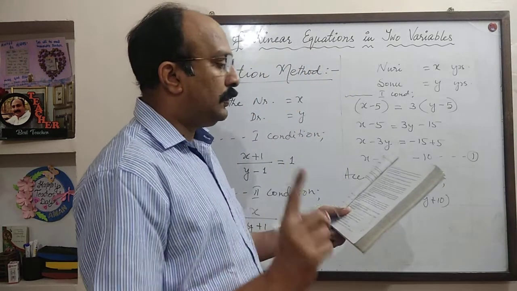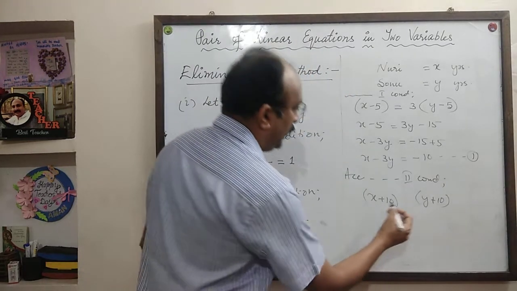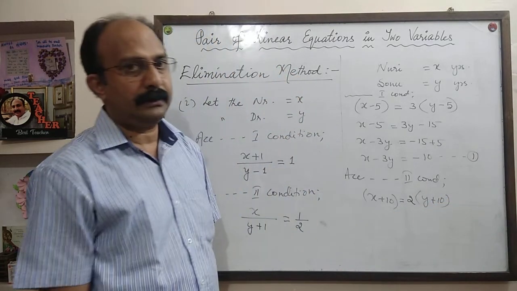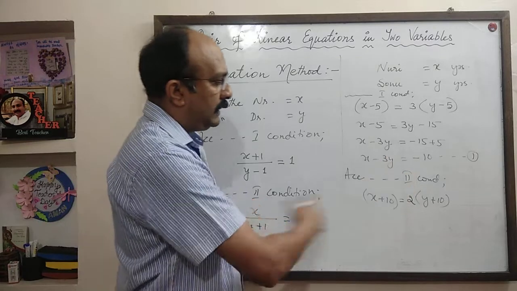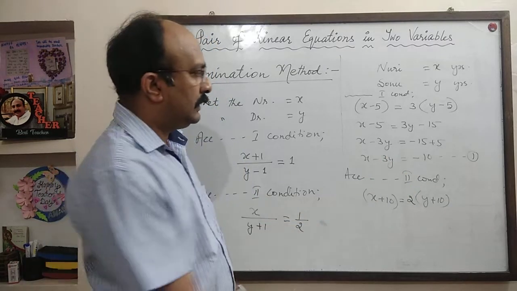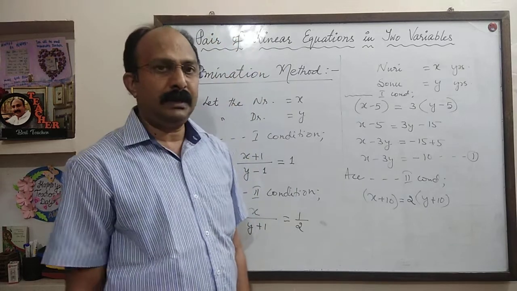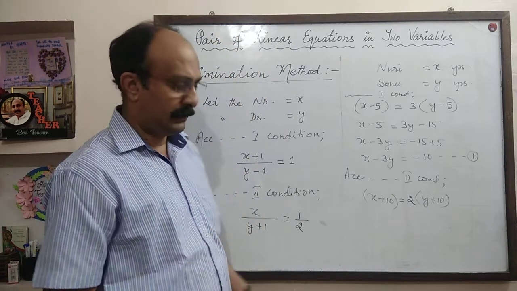Noori will be twice, so x plus 10 is equal to 2 into y plus 10. Open the bracket. Standard form. You will get equation number 2. Then solve 1 and 2 by elimination method. Clear? Okay.